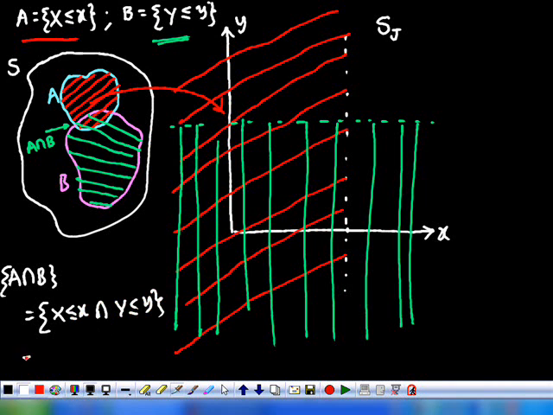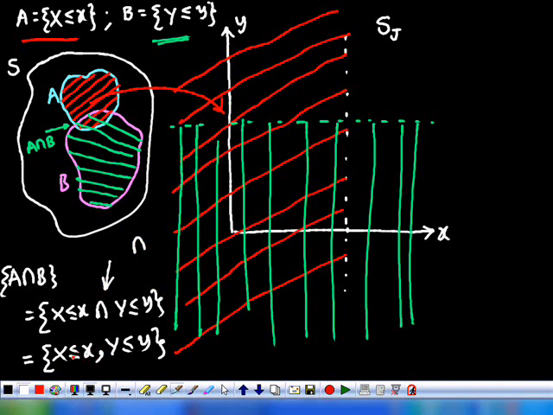Understood? So this can also be written as X less than or equivalent to x comma Y less than or equivalent to y. That is, we are simply replacing that intersection by a comma, just for simplicity of the notation. Instead of always writing this intersection, we can simply write a comma. That indicates it is a joint event.